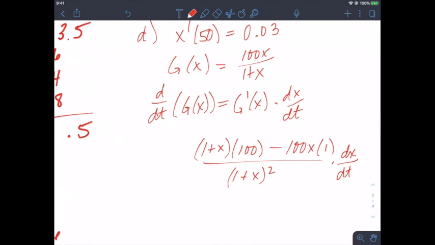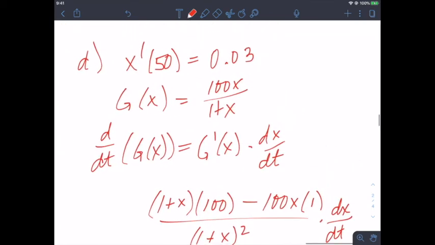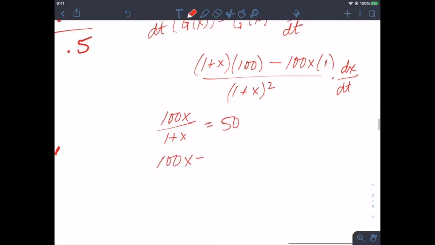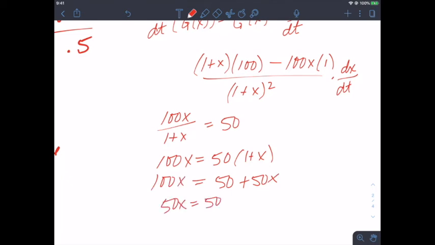So we'll set the equation g of x equal to 50 and solve it. 100x equals 50 times 1 plus x. 50 plus 50x, 100x, subtract the 50x. x is equal to 1.